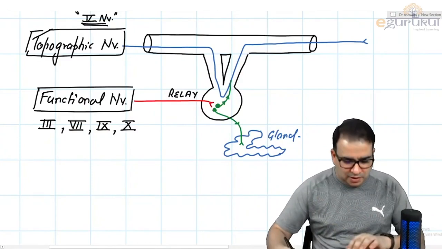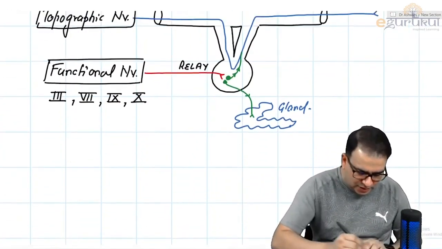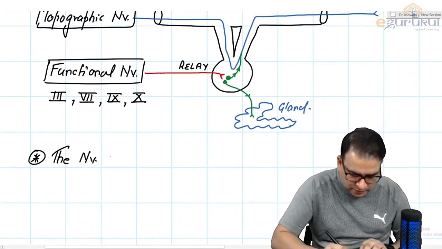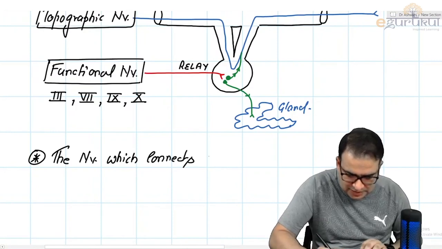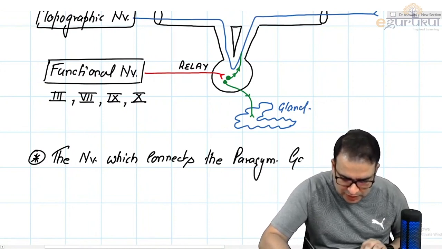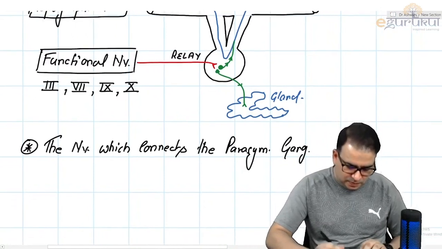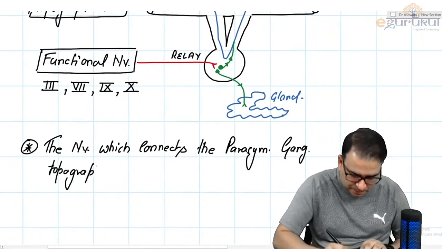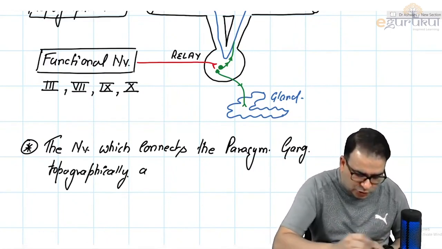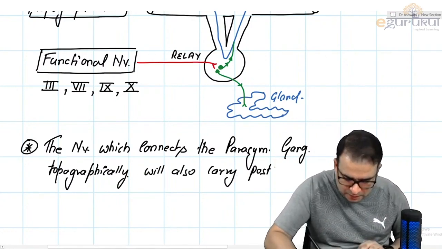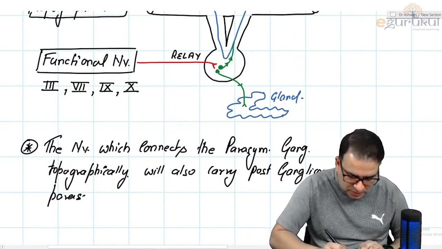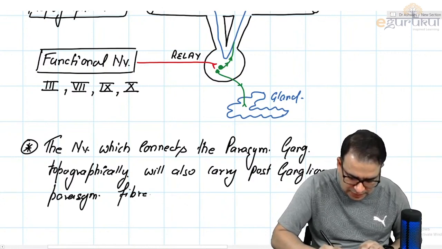Okay, the same thing that we just drew here, I wanted to write the two important points here. The first important point we said is the nerve, so that you remember, the nerve which connects the parasympathetic ganglion topographically will also carry post-ganglionic fibers. Which fibers, beta? Post-ganglionic parasympathetic fibers. That's what you can see in the diagram.